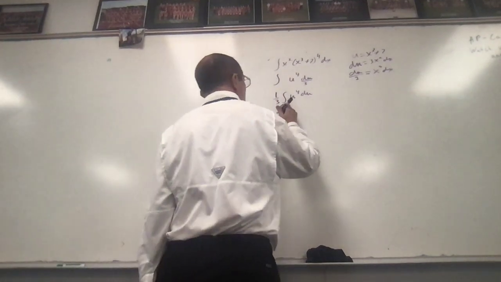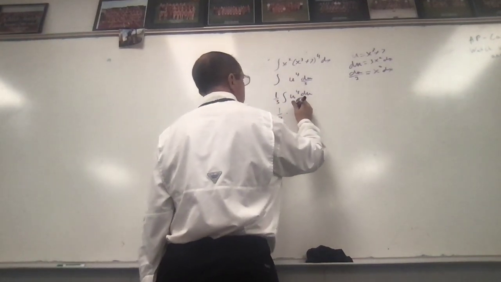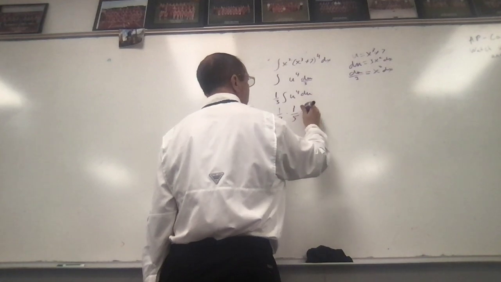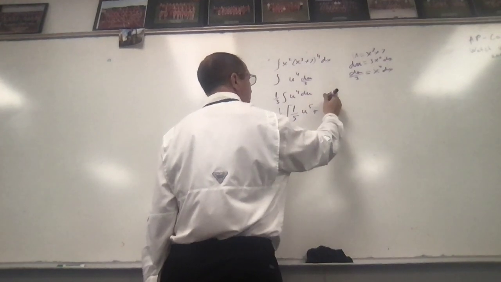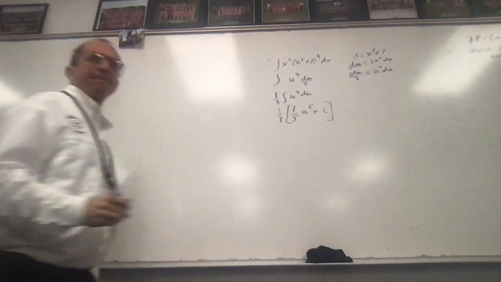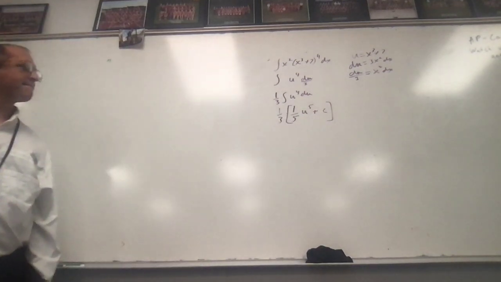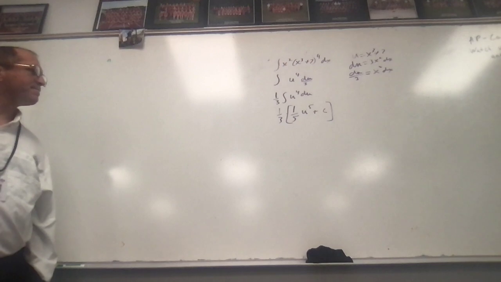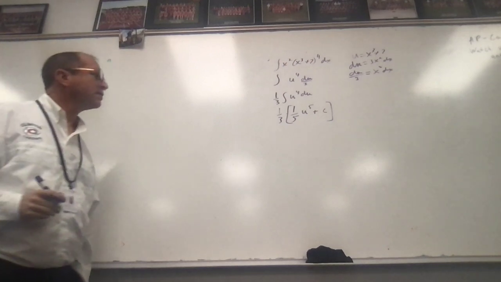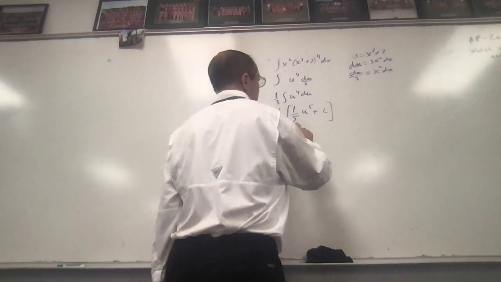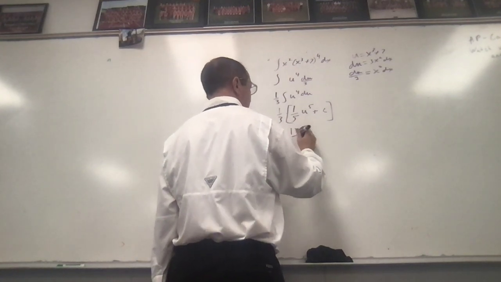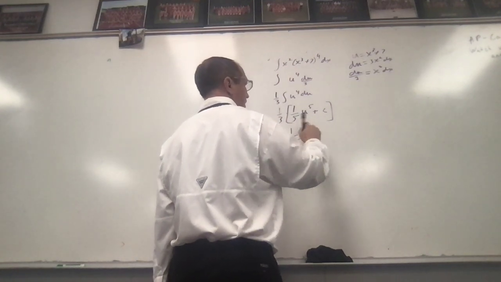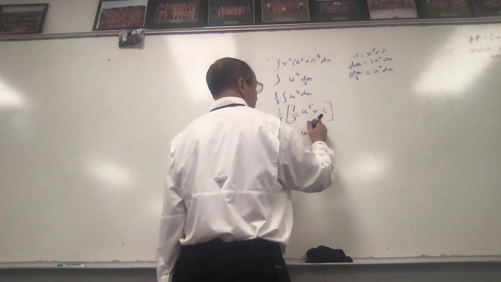Very good. So I've got 1/3 times 1/5 u to the fifth plus a constant, right? Okay. So what's 1/3 times 1/5? 1/15. And then I have u to the fifth.